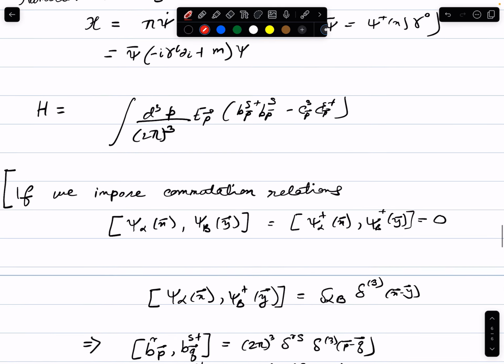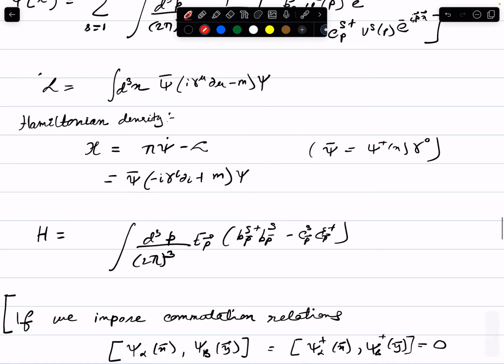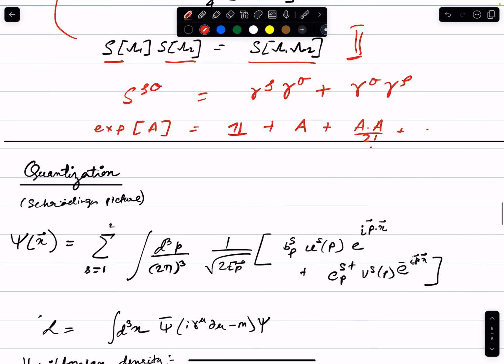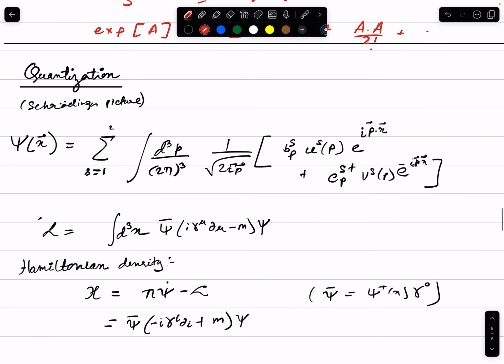So let us come back to this. What is in the syllabus? Okay, so now we simply want to quantize the Dirac field, and quantization is simple.